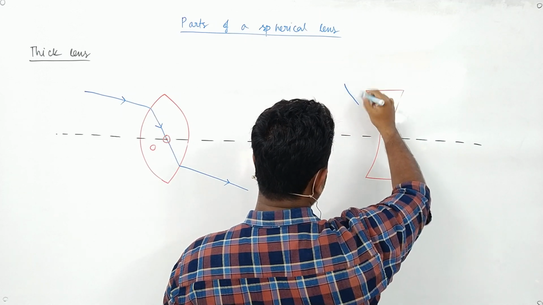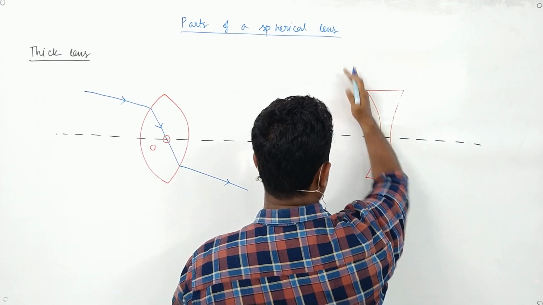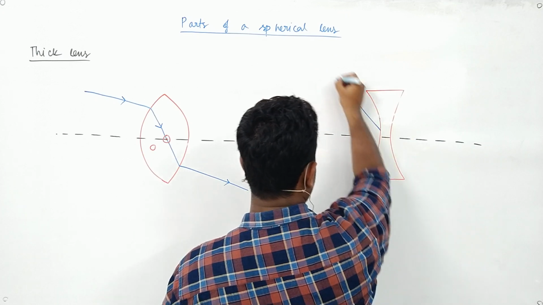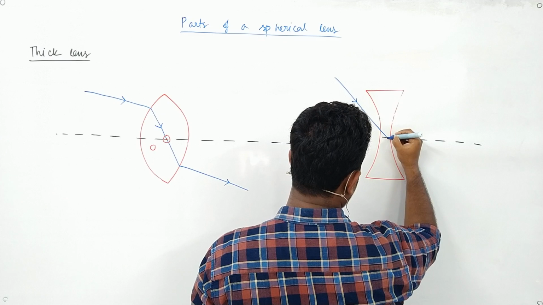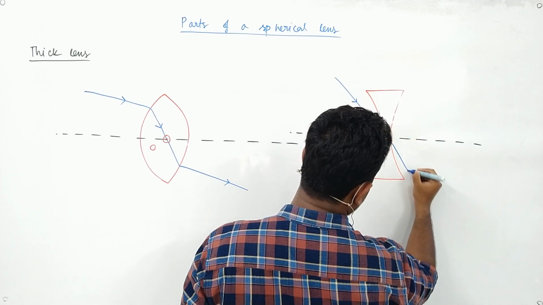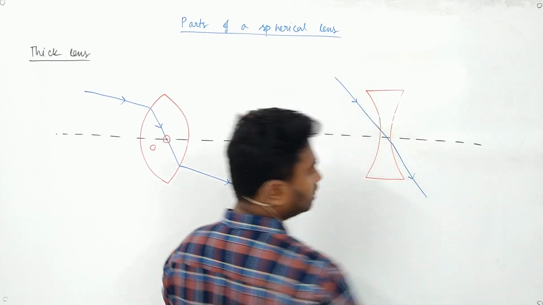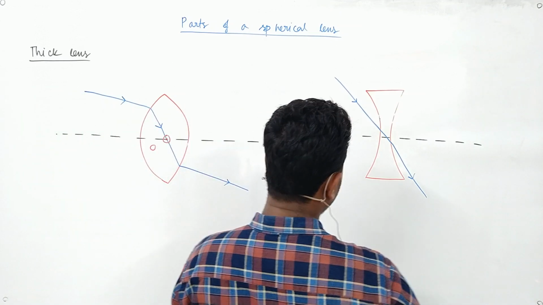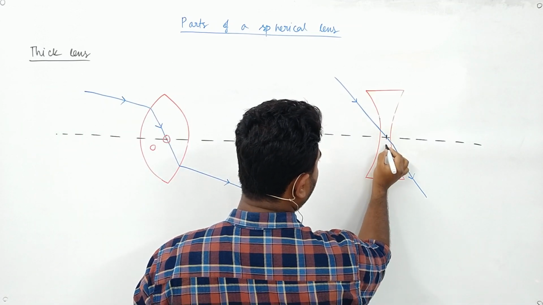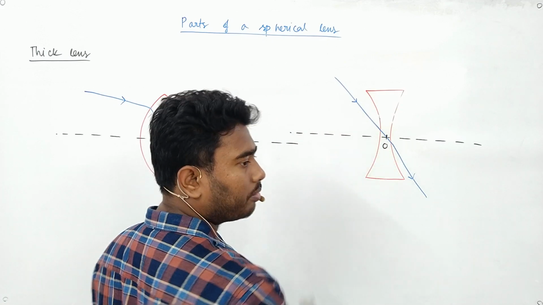Let I have a ray of light falling at this point like this, then it will pass through some point, then again it will move parallel to the incident direction. Then again the point through which the ray of light is passing on the principal axis, this is the optical center.